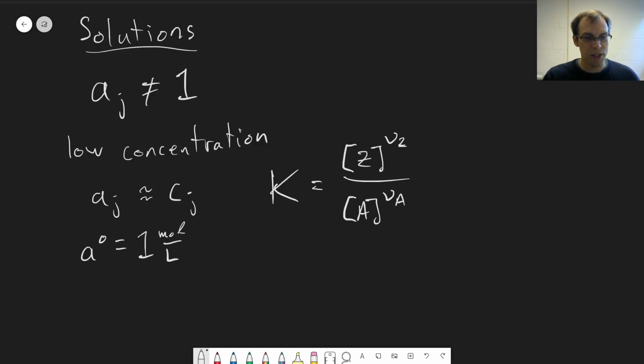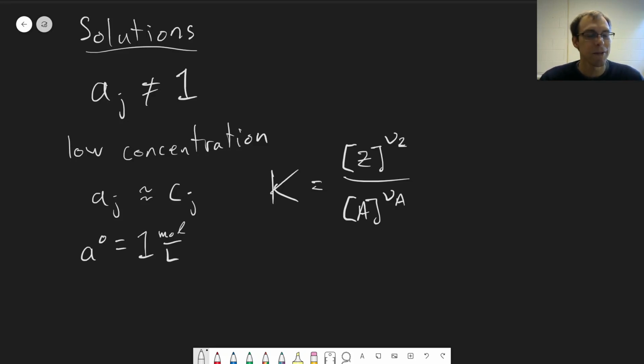So all of your concentrations need to be in molarity, and that's often what's considered the standard state. You've done this in other classes, so we won't go through this in a lot of detail in this class. You use these along with partial pressures in bar, and solids and liquids don't show up, and you can calculate equilibria just like you would for the gas phase species we were looking at.